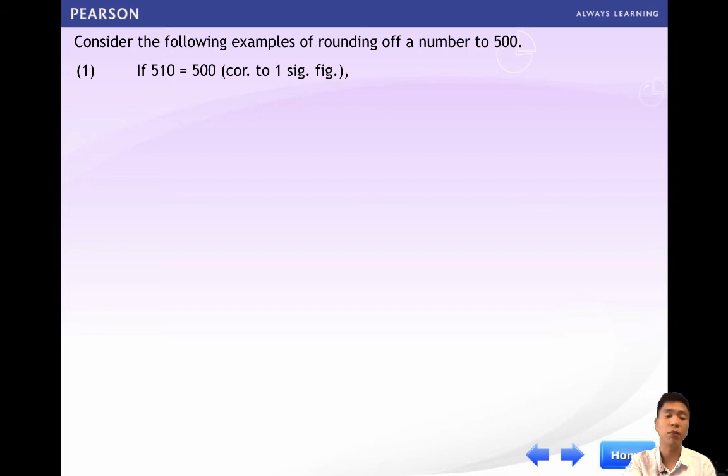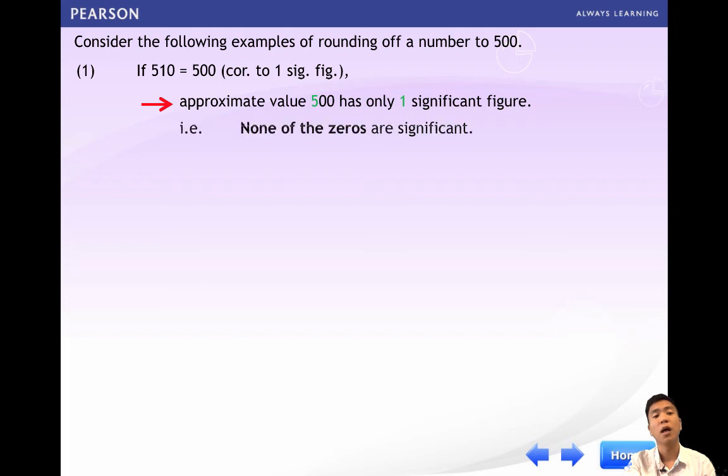Originally, it would be, let's say, 510. We can correct to one significant figure, we get 500. So the 500 here has only one significant figure, because it is correct to one significant figure only.